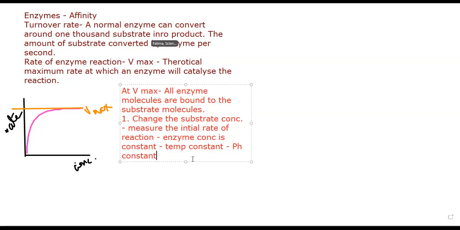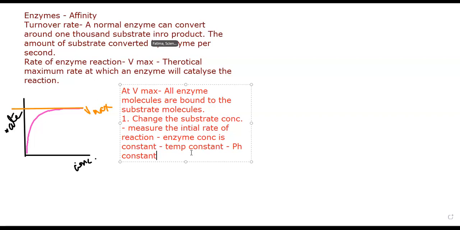Only then, when you come up with your results, can you say that the result is about substrate concentration. If the temperature is different, I can simply ask you, your temperature was not the same, so how do you know your result is not because of temperature? How can you be sure it's because of substrate?